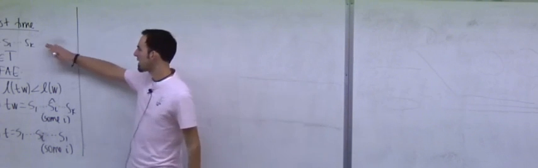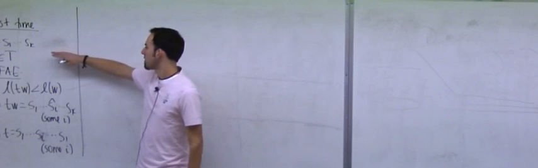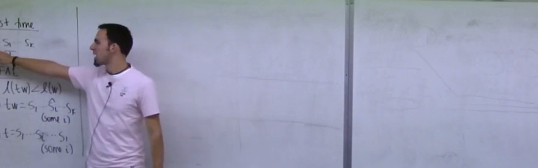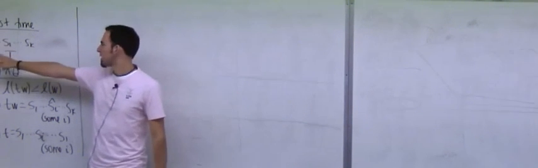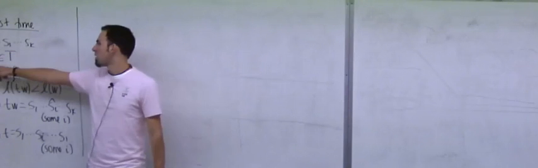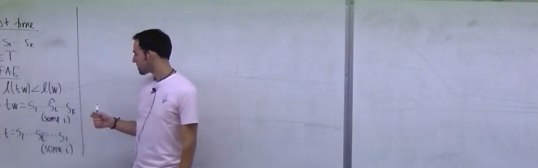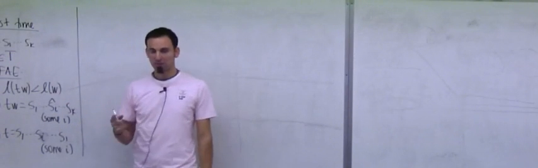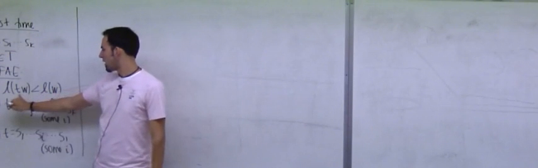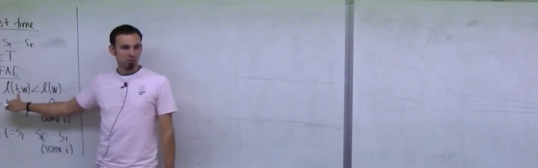I proved this lemma last time, which is quite important: if you have some element of the Coxeter group, which you write in some way as S1 up to Sk, and if you take some reflection T, then the following statements are equivalent. One statement is that multiplying W by T makes it a shorter element.